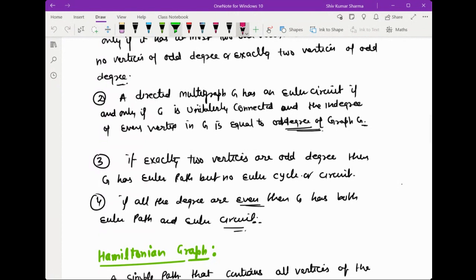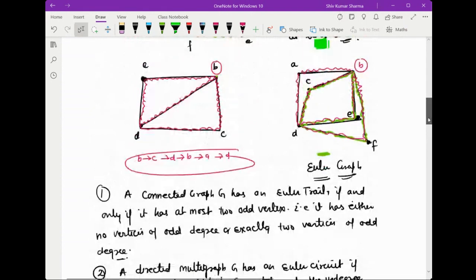Fourth point is that if all the degrees are even, then the graph G has both an Euler path and an Euler circuit. For this case, you have no need to check further things.